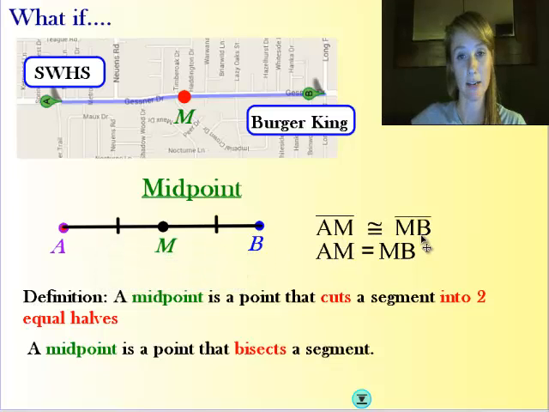A midpoint cuts a segment into two equal halves, exactly what we've shown here. I can also replace the words cuts a segment into two halves with the word bisects. A midpoint is a point that bisects a segment or cuts it in half.